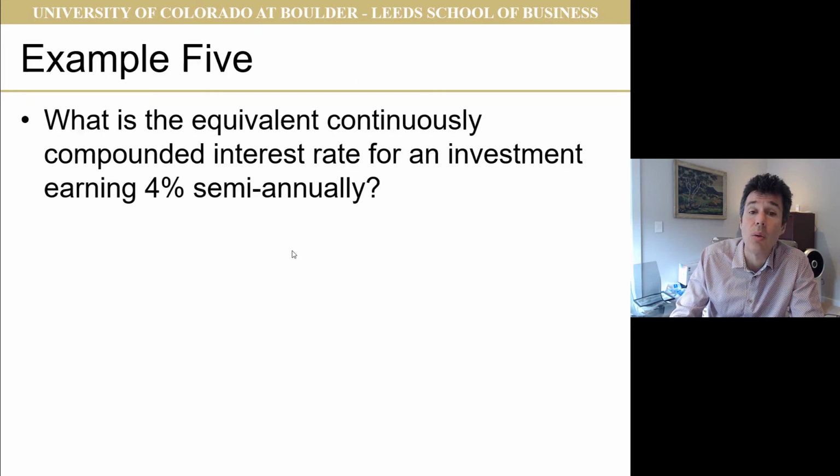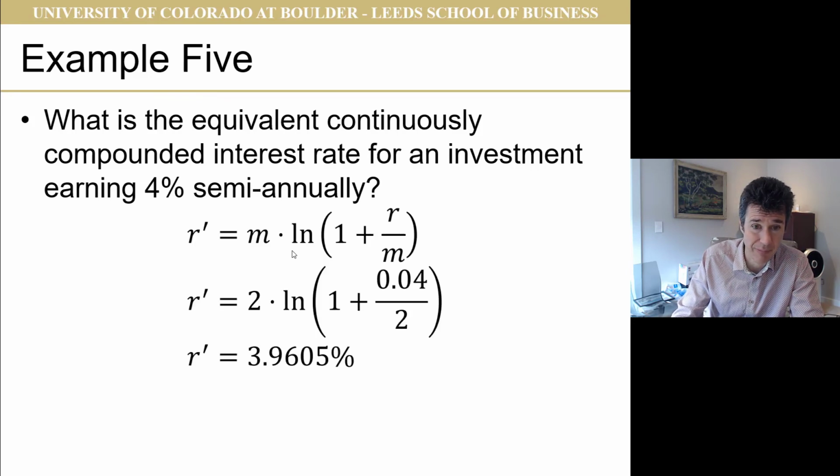So, what is the equivalent continuously compounded interest rate for an investment earning 4% semi-annually? Well, we can just take the formula we had before. We find r prime equals m natural log of 1 plus r over m, or r prime equals 2 times the natural log of 1 plus 0.04 divided by 2, or 3.9605%.